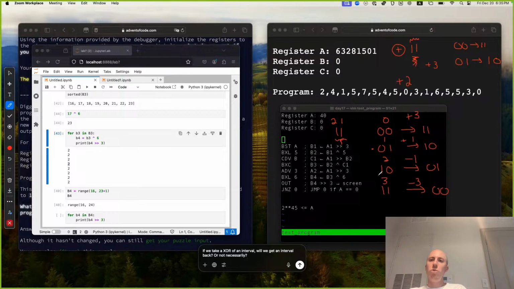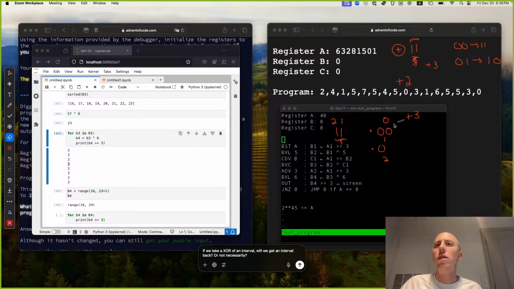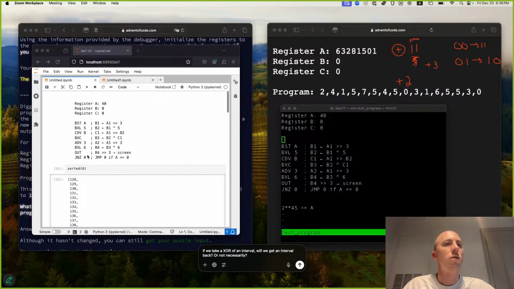I mean, there's only one outcome for each of these, and these are all the possible ones. Is there no way to tell in advance what the values are going to be? Do we ever XOR with C? I think we do, right? We do XOR with C. Yeah, so C can be anything.